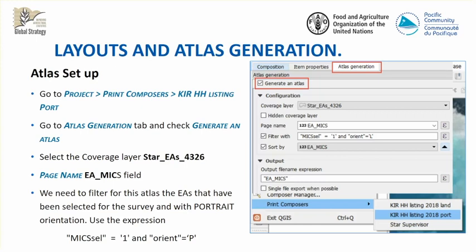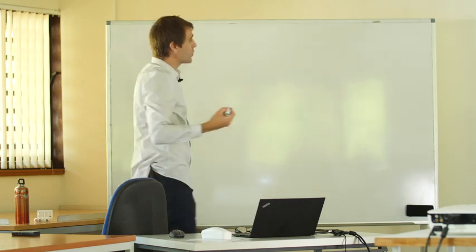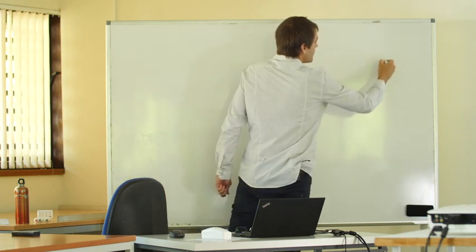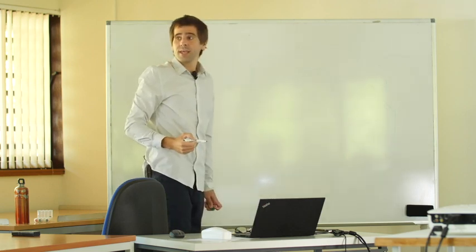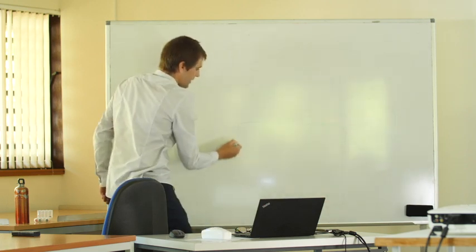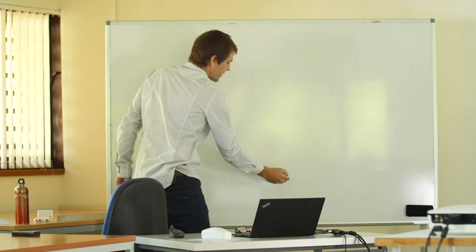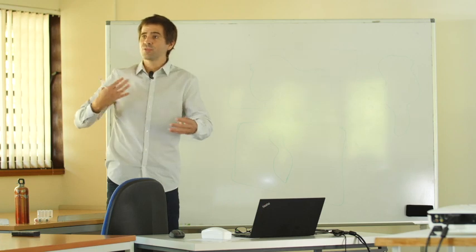Sometimes we have geographies that have this shape. This type of geography fits well on a landscape map. But other times we have islands or geographies that have these shapes, and if I try to put them in a landscape oriented map, they are too far.